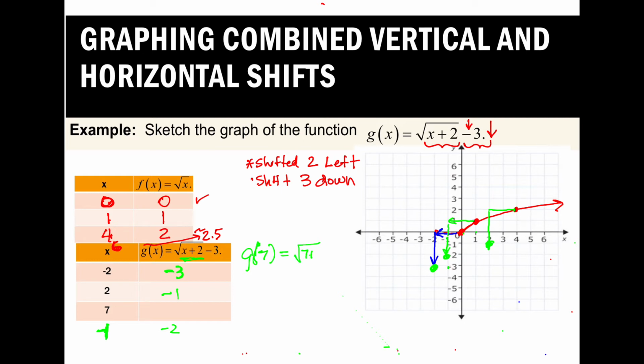So 7 plus 2, and the square root of 9 is 3. 3 minus 3 is 0. So 7, 0 would be right there. At any rate, here's the graph of this function. We can see that every point along the lines here is a combination of shifting the original points back 2, and then down 3.